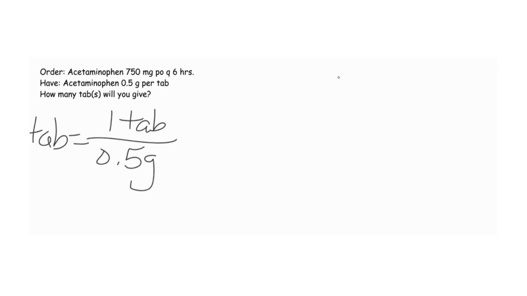One tab is 0.5 gram. We have introduced tab. We have introduced gram. We're going to use our numerator to go to our denominator to go to our numerator. So we have gram, so we have to put gram in the top, right?